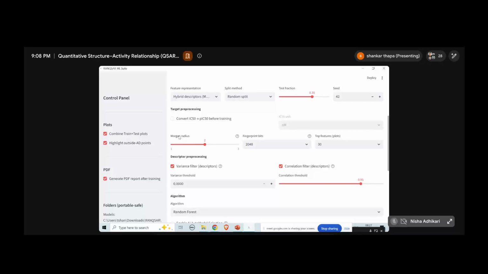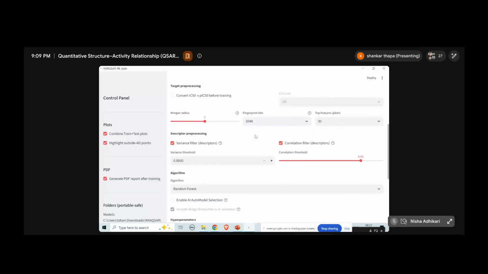Now Morgan radius, let it be 2, and then fingerprint bits. How many fingerprints will it generate? 2048 total descriptors are going to be generated. Top features plot, 30 plots, or you can choose any other, but I suggest you let it be the default setting.